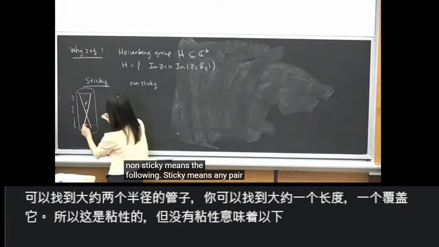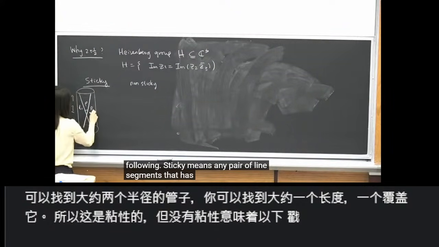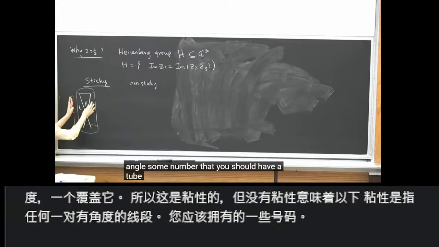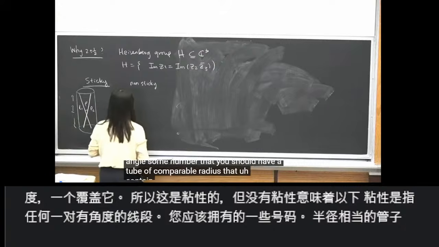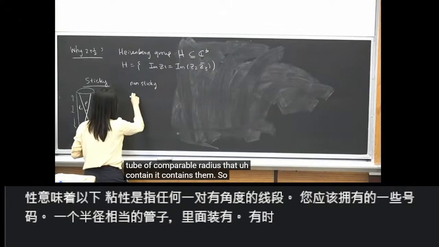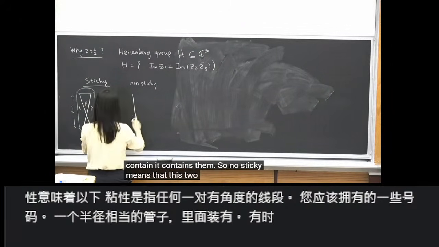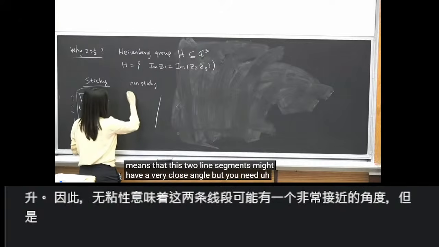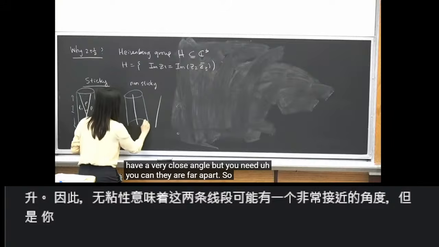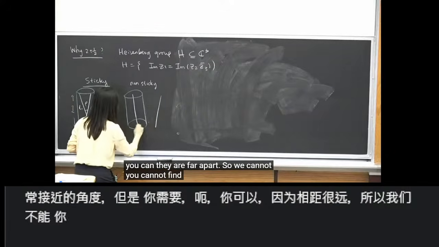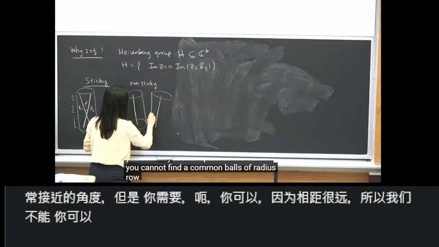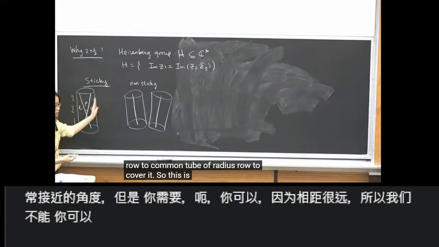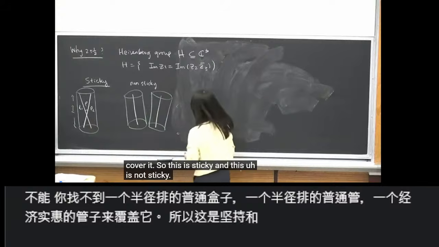Sticky means any pair of line segments with some angle has a tube of comparable radius that contains them. Non-sticky means that these 2 line segments might have a very close angle, but they are far apart, so you cannot find a common tube of radius rho to cover them. So this is sticky and this is non-sticky.